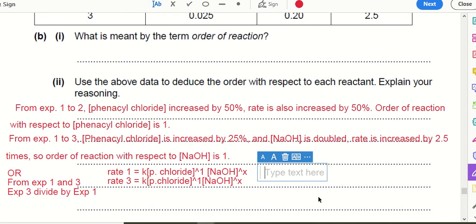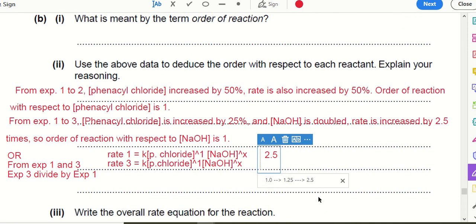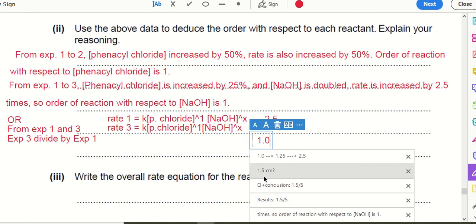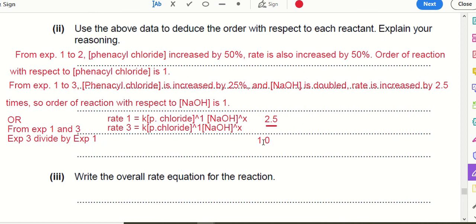So 2.5 divided by 1.0 equals K can be cancelled. Okay, we'll cancel it later.